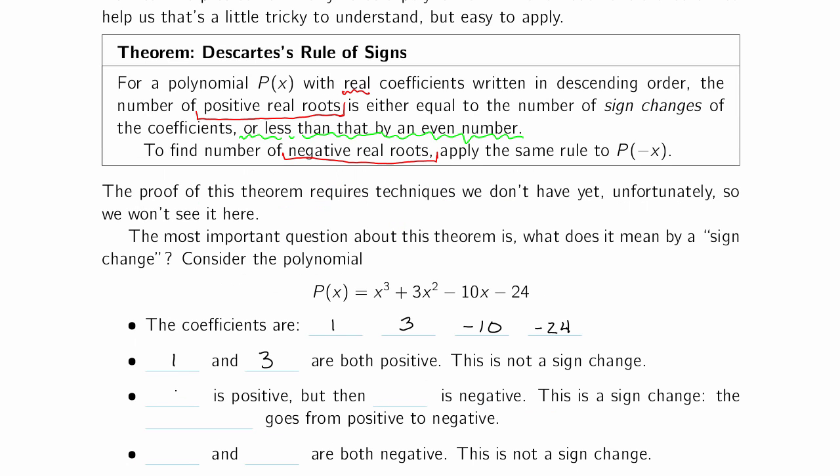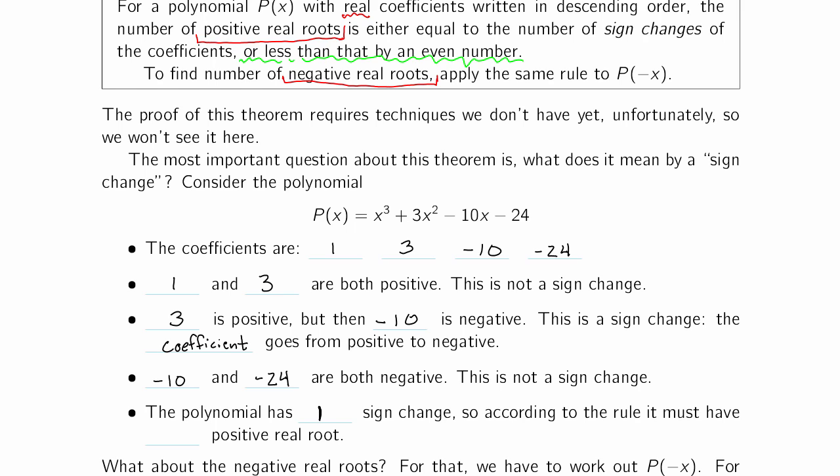But then 3 is positive, but -10 is negative. That's a sign change. We go from being positive to being negative. But then -10 and -24, those are both negative. That's not a sign change.